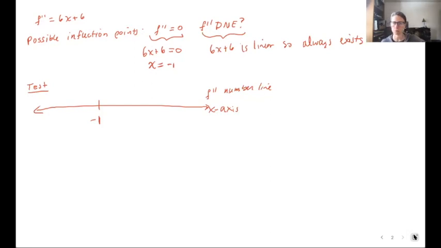So if your first name starts with a letter in the first half of the alphabet, say A through L, pick your favorite point smaller than -1 and tell me what the concavity is on that interval. And if your first name starts with a letter in the second half of the alphabet, say M through Z, pick your favorite number bigger than -1 and let me know the concavity of that interval.